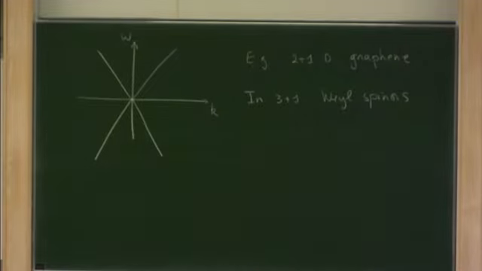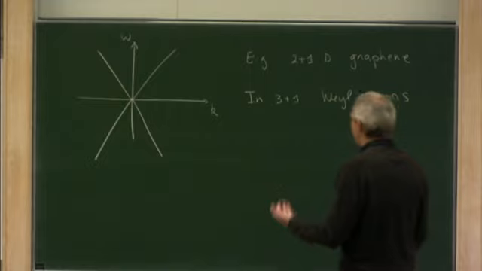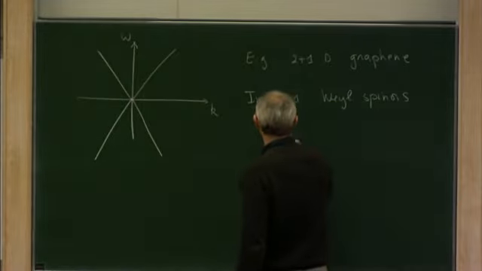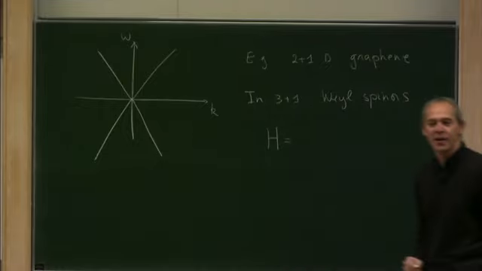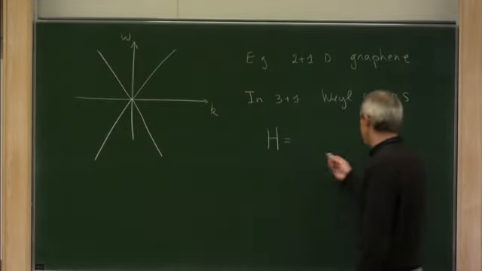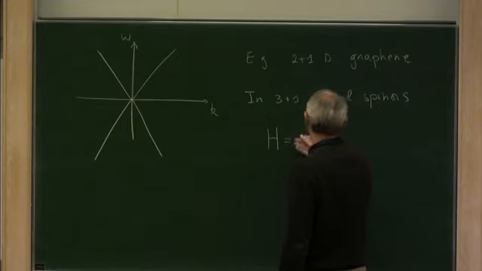And so Weyl spinors are kind of nice. In condensed matter language, the simplest Hamiltonian that describes a Weyl spinor is just a free Weyl spinor. It has, let's say, a Fermi velocity and then sigma dot k.